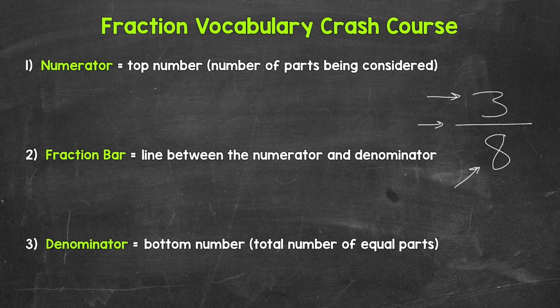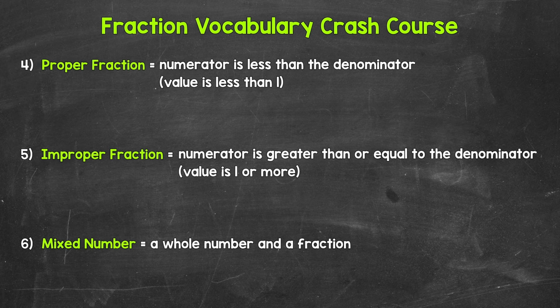And the numerator, 3, those are the parts, or pieces, left. That's the part of the pizza being considered, or that we are focused on. So numerator, fraction bar, denominator. Let's move on.